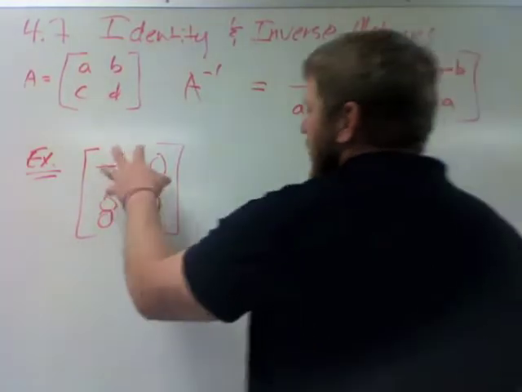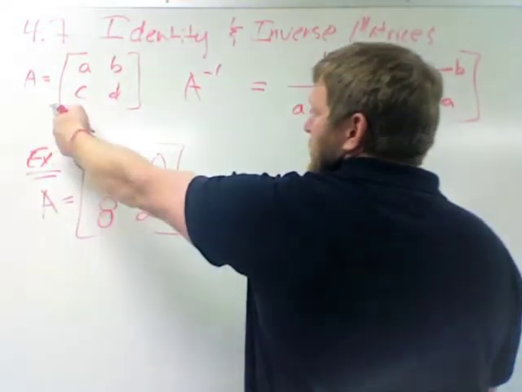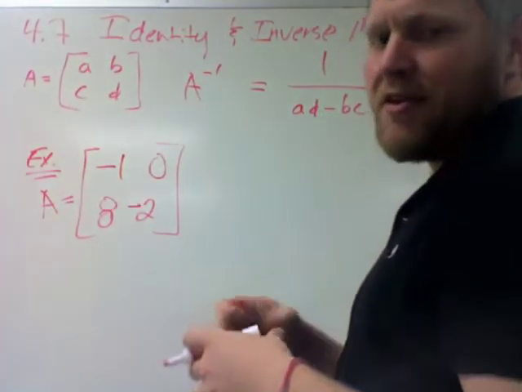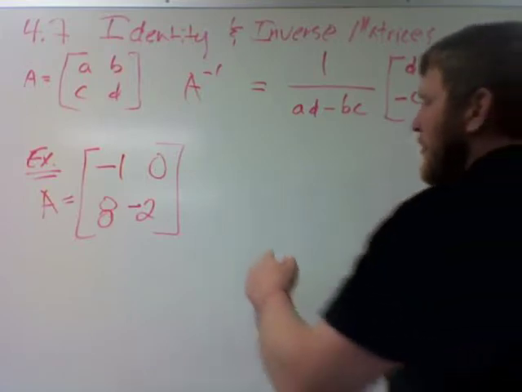So if this is matrix A right here, remember the relationship between A and A inverse. If I multiply those together, I get the identity. But in this case, I want to find A inverse.